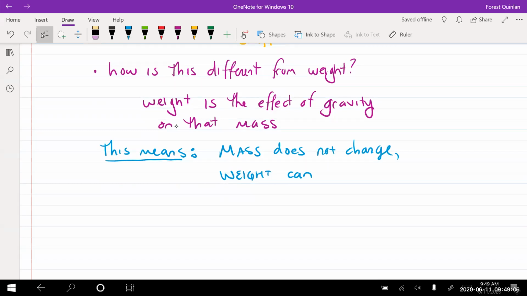Now, let's be very thorough here, but on Earth, 1 kilogram mass will weigh 1 kilogram. They're the same.